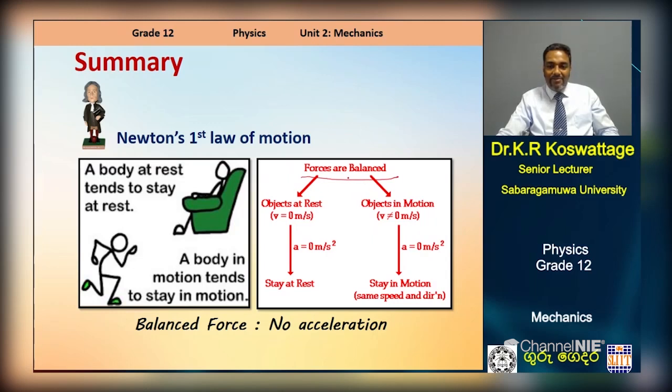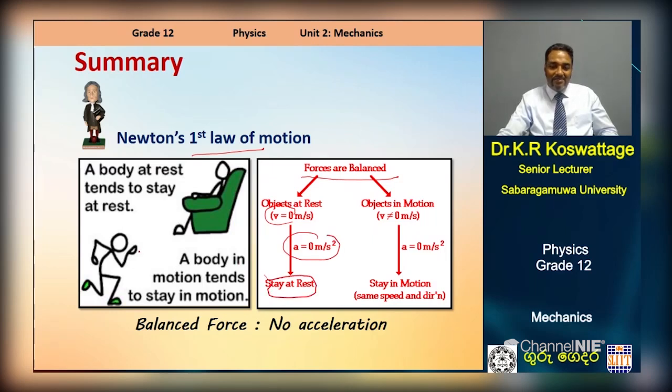According to Newton's first law, objects are at rest or in motion with a constant velocity. For an object at rest, v equals 0 and there is no acceleration at all, so it stays at rest.